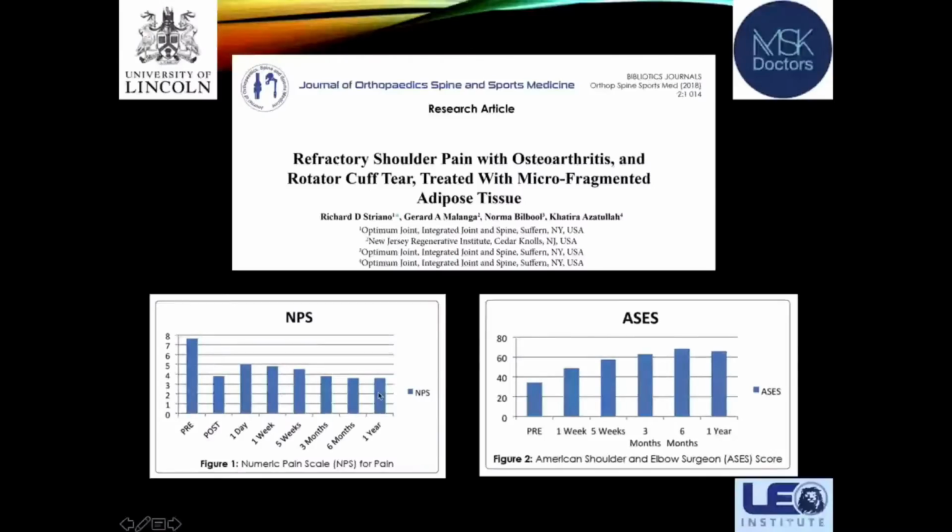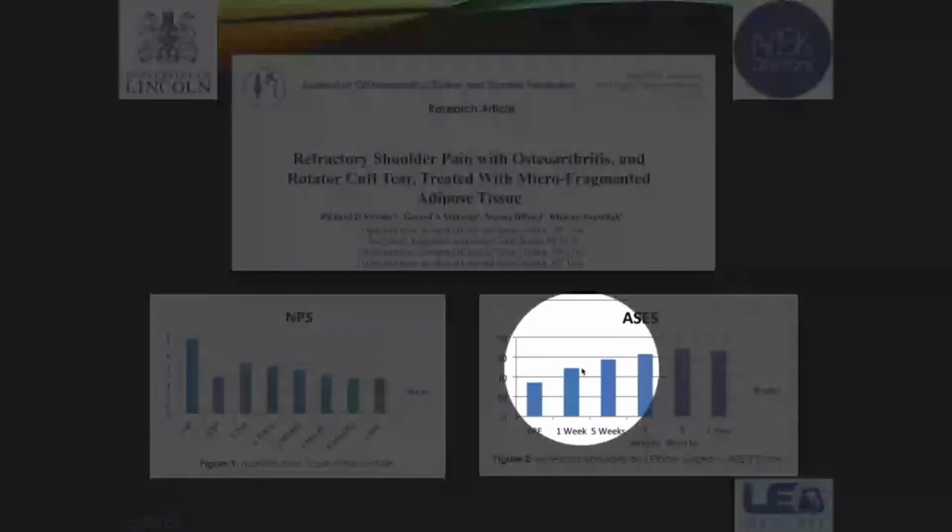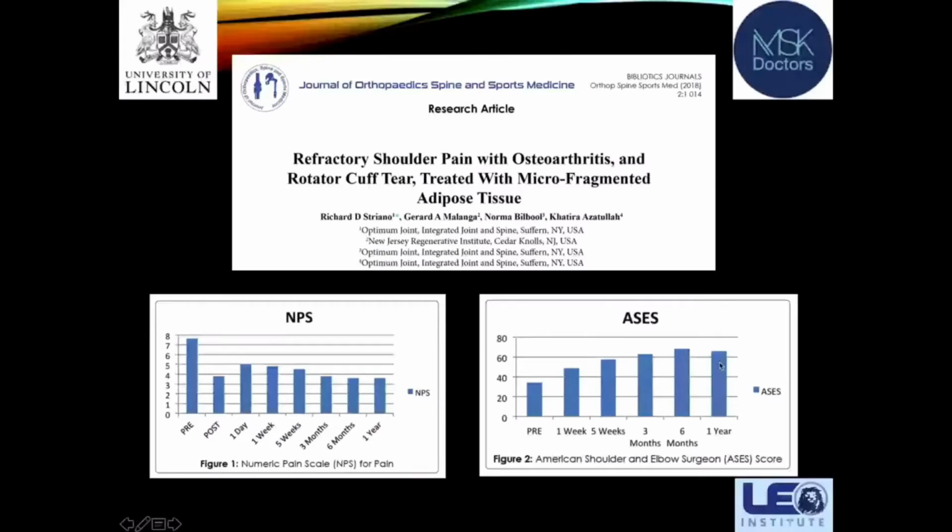And then, of course, as doctors, we look at different scores as well. The most obvious score to use is the American Shoulder and Elbow Surgeons score, and you can see from pre- to post-op, again, there is a very big jump, and this jump has been maintained throughout the year.